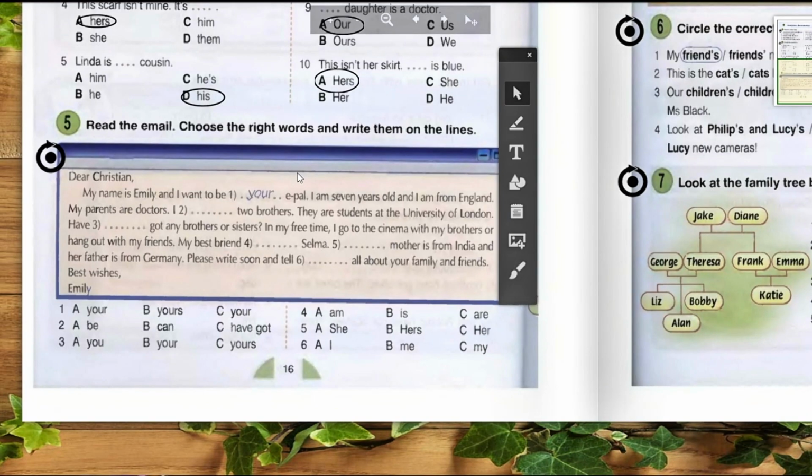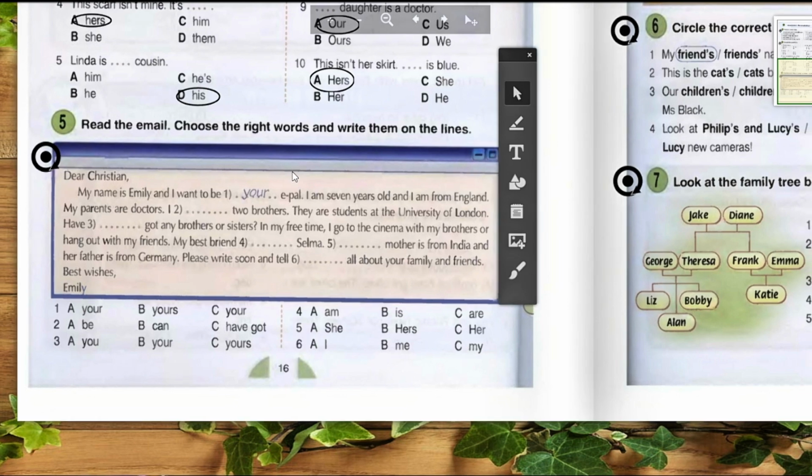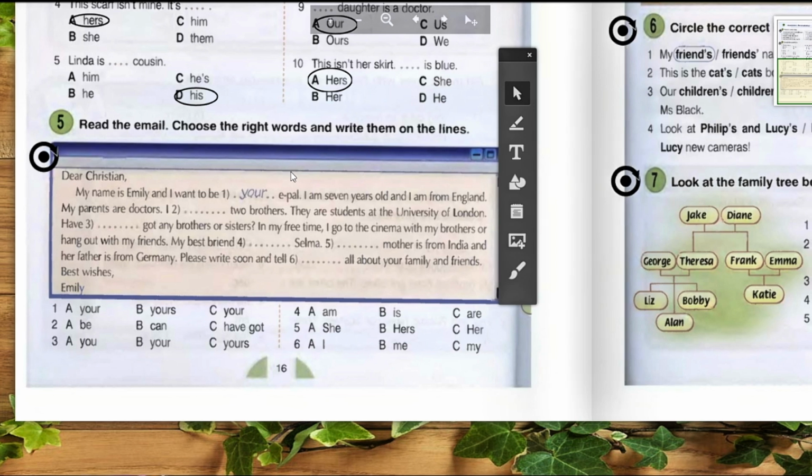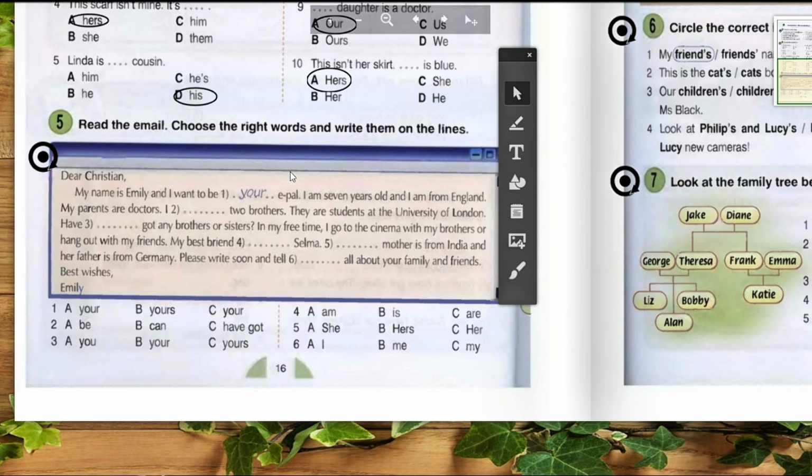My name is Emily. I want to be your e-pal. I am 7 years old and I am from England. My parents are doctors. I have two brothers. They are students at the University of London.